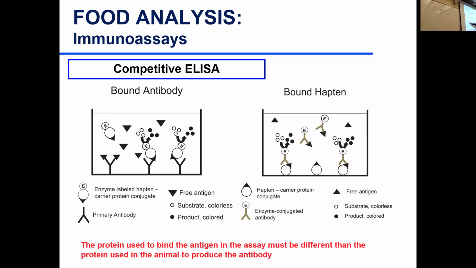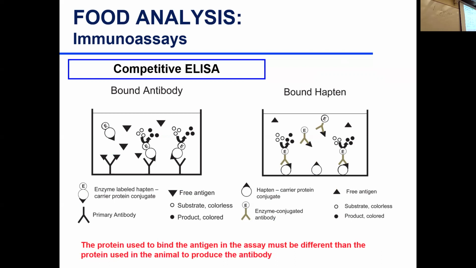If I have the antibody that I bind first to my surface, then I have my labeled hapten, and I have my antigen in the sample. Again, there is a competition happening. The more antigen I have in my sample, the less labeled will be bound. And the less antigen I have in my sample, the more labeled hapten will be bound.